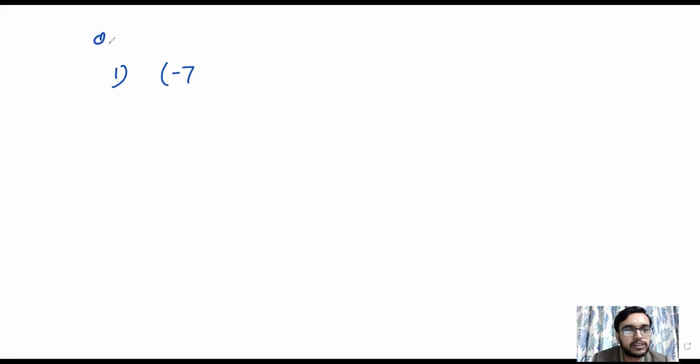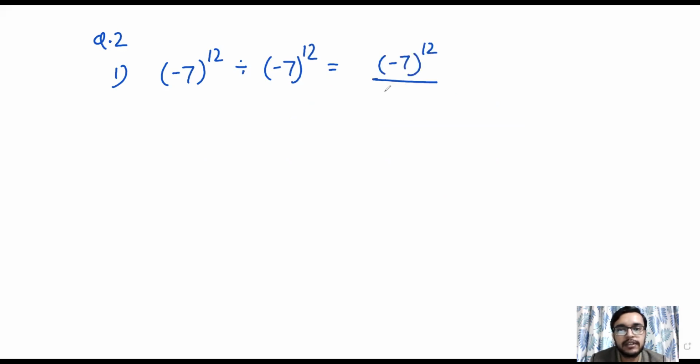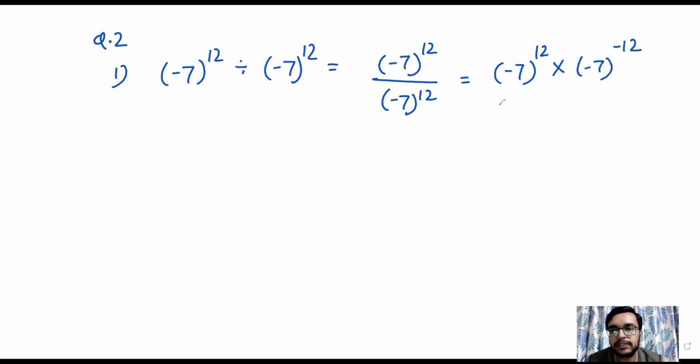Minus 7 raised to power 12 divided by minus 7 raised to power 12 will be equal to minus 7 raised to power 12 upon minus 7 raised to power 12, which is minus 7 raised to power 12 into minus 7 raised to power minus 12, and that will be equal to 1.